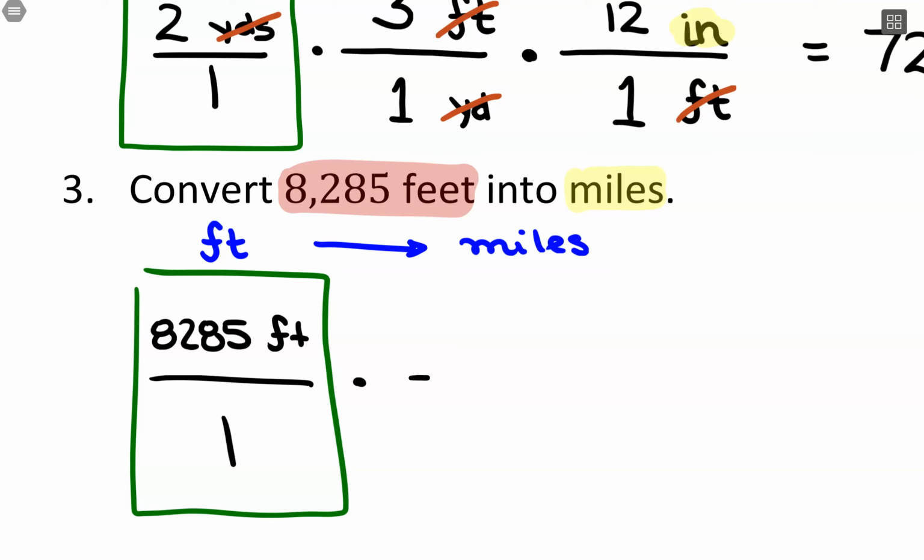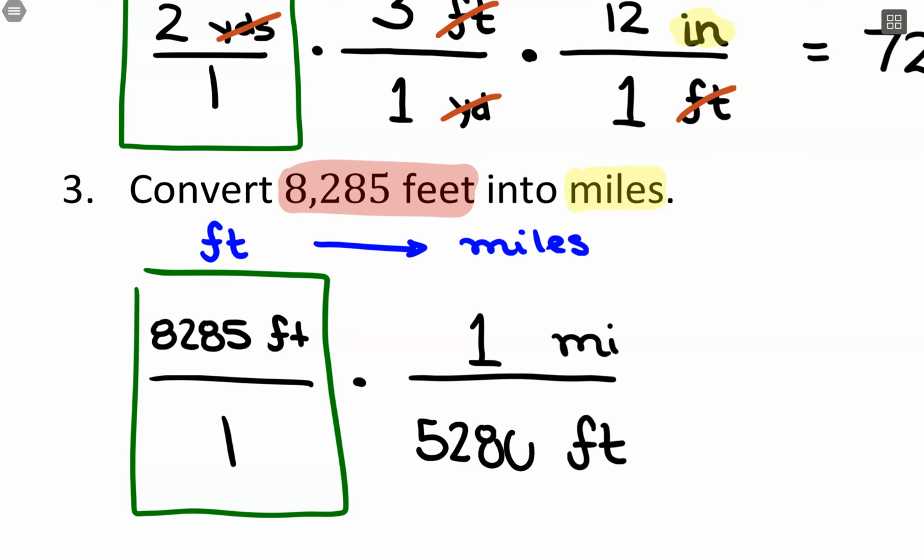So with this, we want miles. We want to get rid of feet, so we need to put that in the denominator so it cancels out. And then we have that 1 mile is equivalent to 5,280 feet. So with our setup there, feet will cancel numerator to denominator. We'll have miles left over as we should.